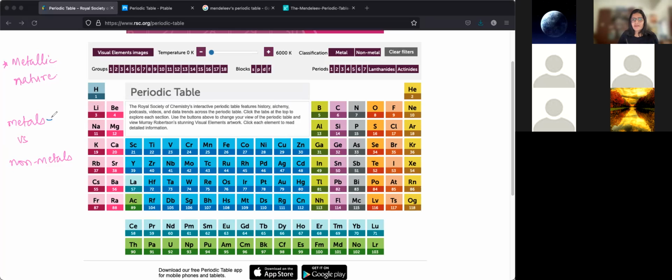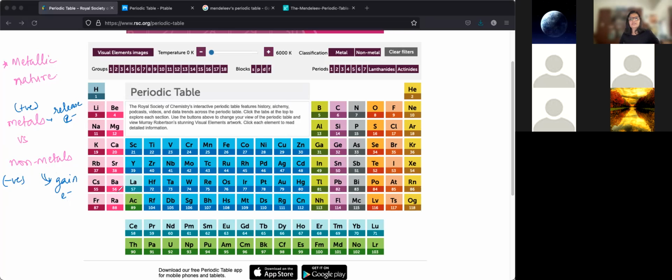So metals have a tendency to release electrons, and non-metals have a tendency to gain electrons. That's how metals form positive ions, and non-metals form negative ions, anions. Keep this in mind.